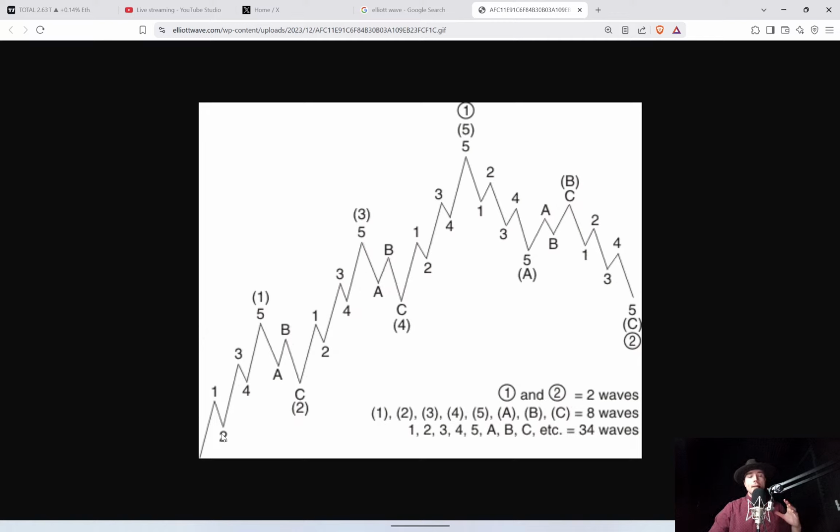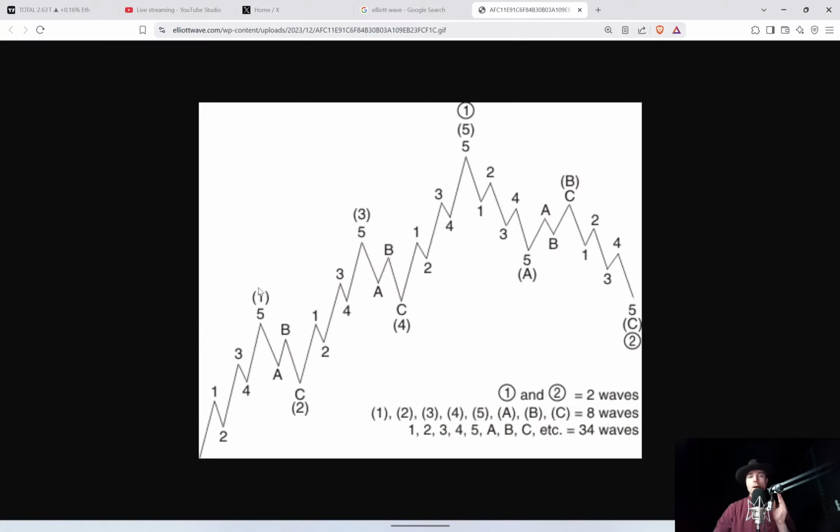So you'll get a bullish Elliott wave impulse wave, then you'll get an ABC correction, then a bullish impulse wave and an ABC correction, and a bullish impulse wave, then a bigger ABC correction. So there's macro waves and there's subwaves. The macro waves are going to be your bigger picture Elliott waves, and then the subwaves are those waves that are inside of those waves.